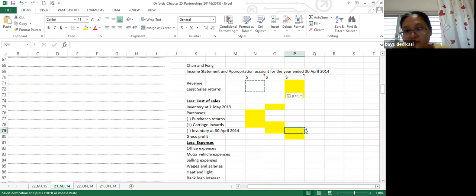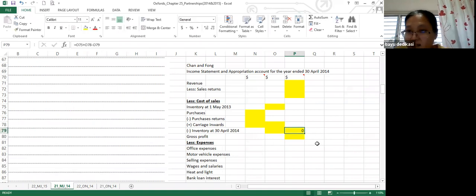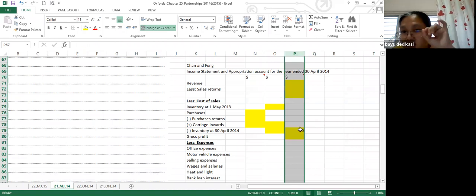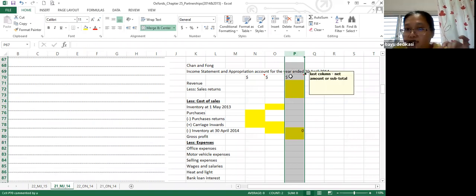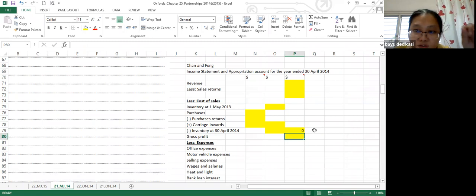For example, to find the cost of sales, you take the inventory plus net purchases minus the closing, so you get this net amount and put it here. This is normally the net amount for each section, the subtotal amount. Get it? It is actually a subtotal for the individual section.